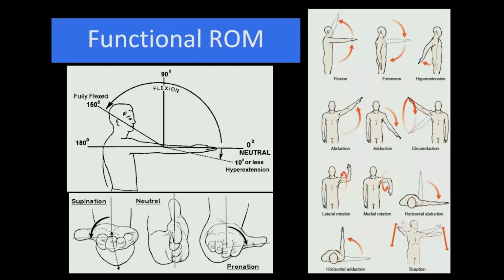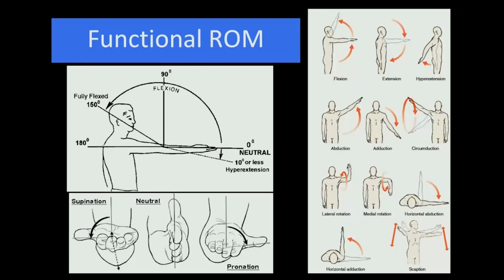You can have a full range of motion, meaning you can have all the motions without any injury on an extremity, but there's also a functional range of motion, which means that you may not have the full motion, but you can function totally fine, especially for daily activities.